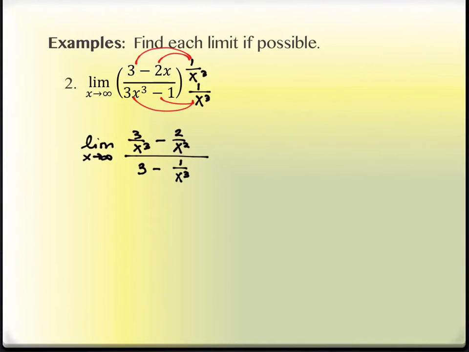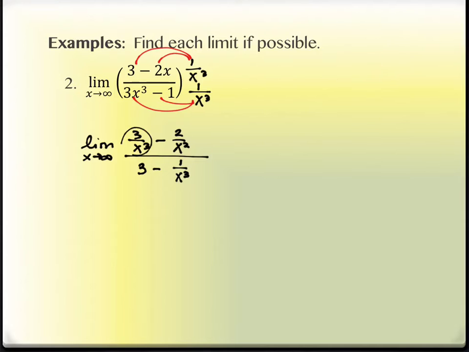I don't want you to have to write out the limit as x approaches infinity of 3 over x cubed minus the limit as x approaches infinity of 2 over x squared, divided by, and so on. You don't want to do that, do you? No. We have a property of limits that does not force us to do this all together, but to think about them each individually.